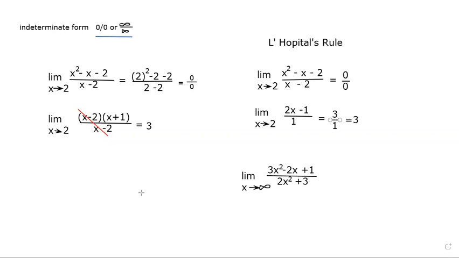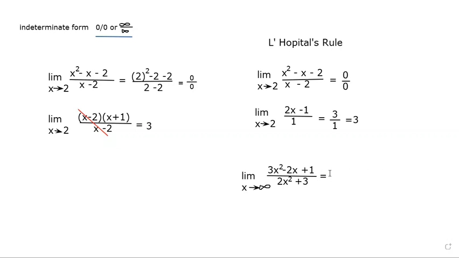Now, I want to look at the problem down below. In this case, our limit is going towards infinity. So as we know, if we were to substitute and put infinity in for x, we'll get 3 times infinity squared minus 2 times infinity plus 1.